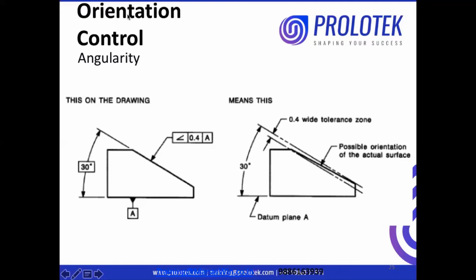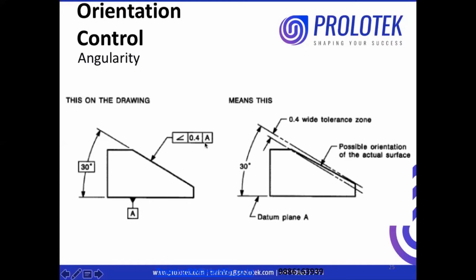If the angular relationship is anything other than 0, 90, 180 or 270 degrees, then we call it angularity. Here this angle is 30 degrees. It is not 0, 90, 180, 270. So what we can give is angularity.